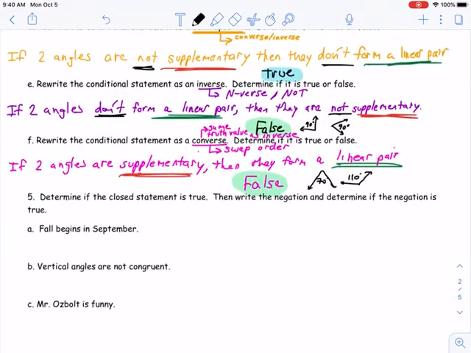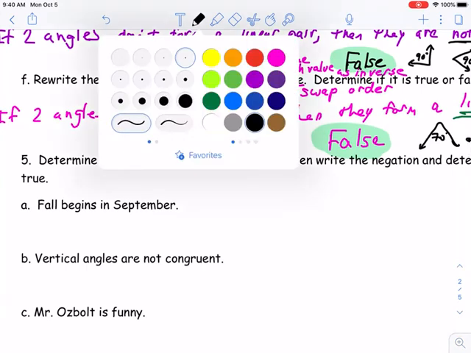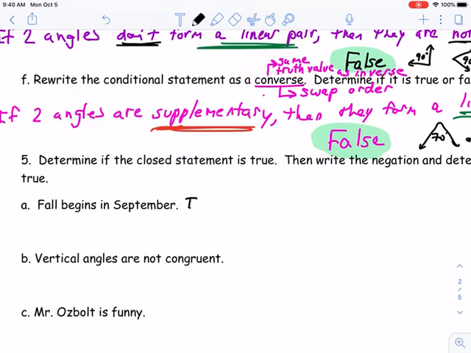All right. And then we're going to rewind a little bit here with number 5. We're going to determine if the closed statement is true, then write the negation and determine if the negation is true. So fall begins in September. That's true. The first day of fall is always like September 21st, 22nd, 23rd. It seems to switch a day or two every year. So fall does in fact begin in September.